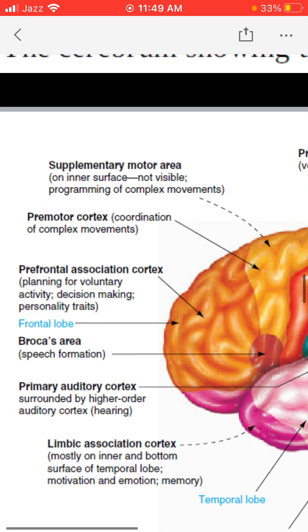Then here again we have another association area, that is the prefrontal cortex. So prefrontal cortex is also responsible for comprehension of the higher intellectual functions. For example, decision making and planning for the voluntary activity. So these are the functions of prefrontal area.